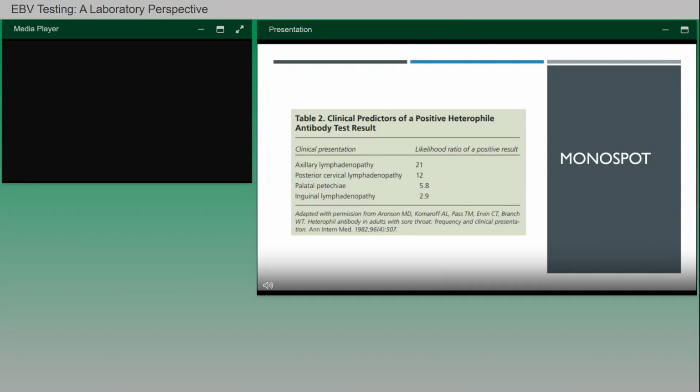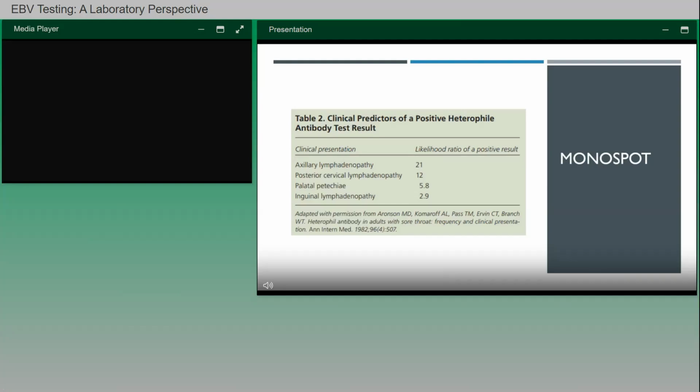So if you had axillary lymphadenopathy, so swollen lymph nodes in the armpits, 21% chance that your Monospot would be positive. And likewise, you can see for cervical, so for neck lymph nodes, or palatal petechiae, so this is red pinpoint spots on the roof of the mouth, or inguinal lymphadenopathy, so that's groin lymph nodes. You can see that when those are present, your likelihood of a positive result is increased.